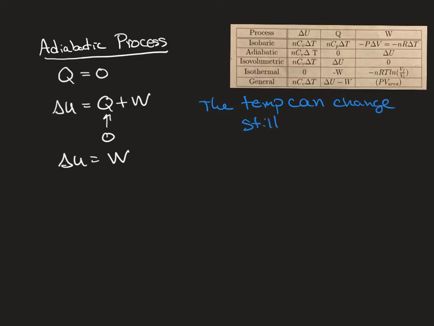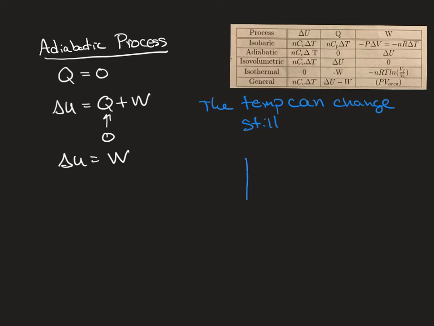We're just going to do it through a change in volume rather than an actual exchange of thermal energy. Q is going to be 0, as we discussed, and then you're going to use essentially the first law of thermodynamics to find the work done by monitoring what the change in internal energy is based upon the change in temperature. Now let's look at our pressure versus volume graph.